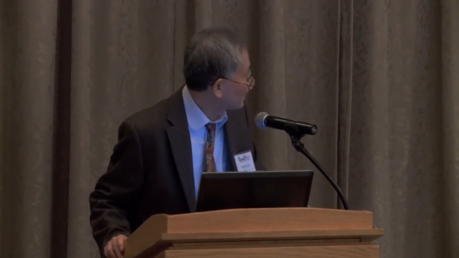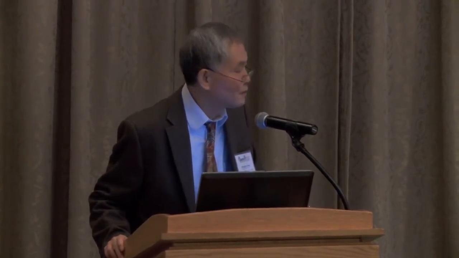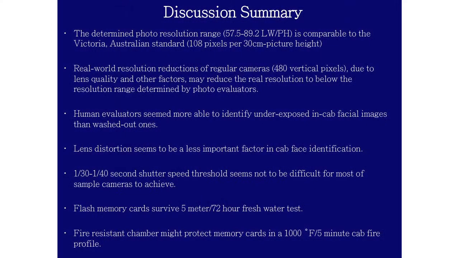Human evaluators seem more able to identify underexposed facial images than overexposed. So lens distortion is a less important factor in the camera selection. This shutter speed range does not seem to be difficult for most of the sample cameras.